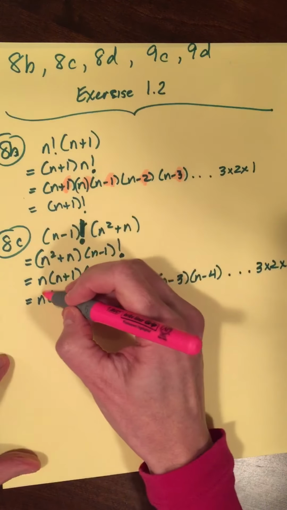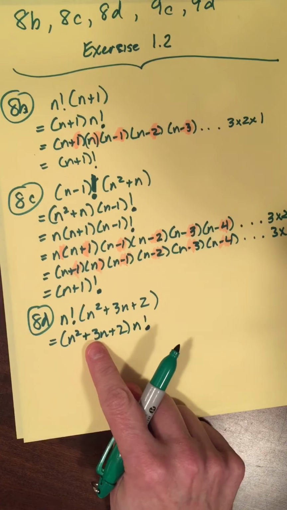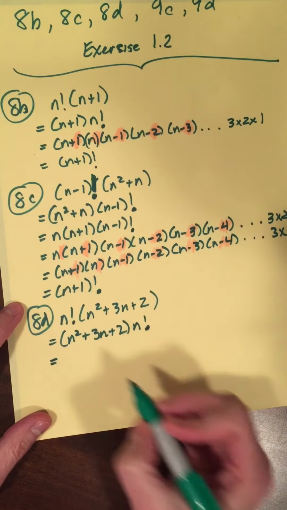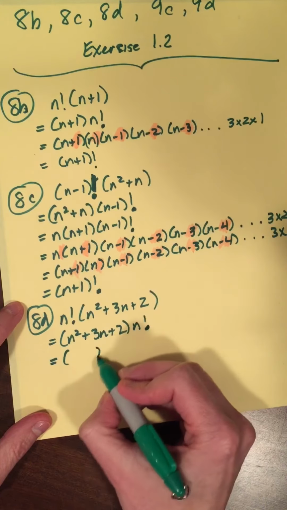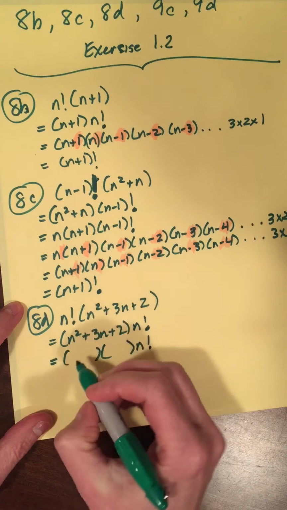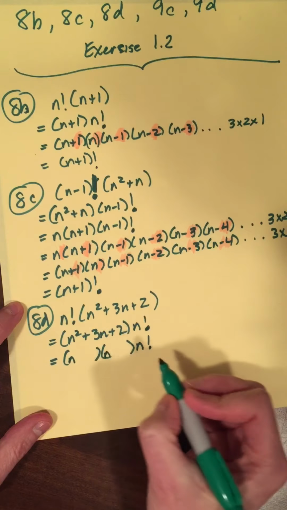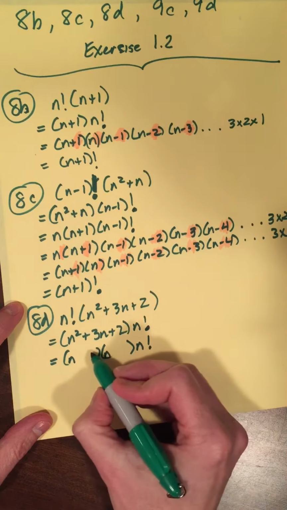And again, we did an example like this from our notes in which this has to be factored. It's an easy trinomial, and we ask ourselves what two numbers multiply to 2 and add to 3. Positive 2 and positive 1. Beautiful.